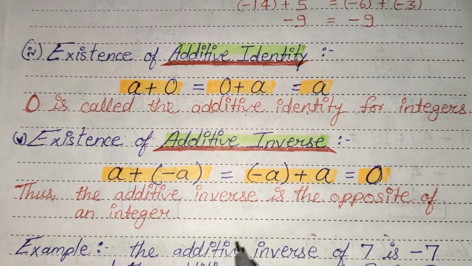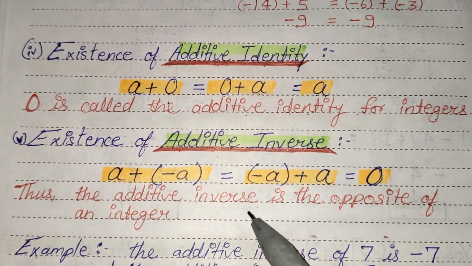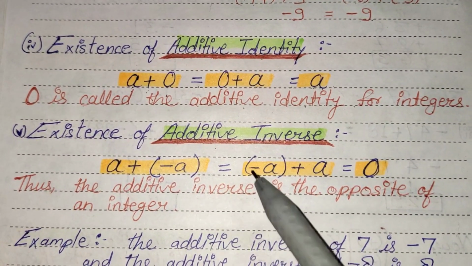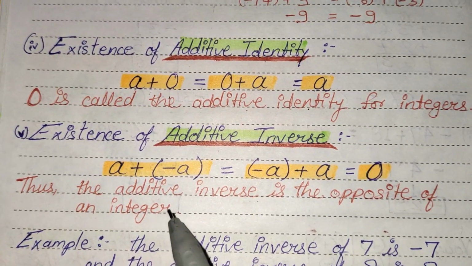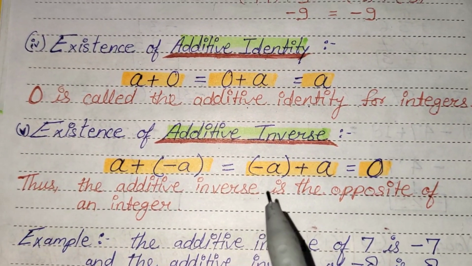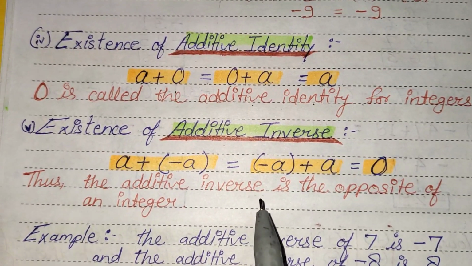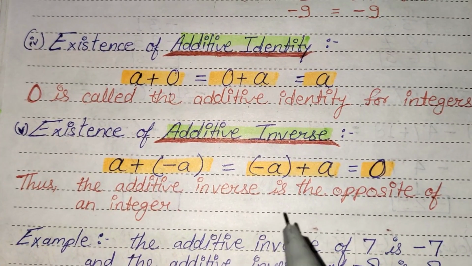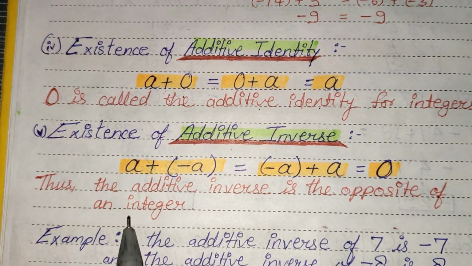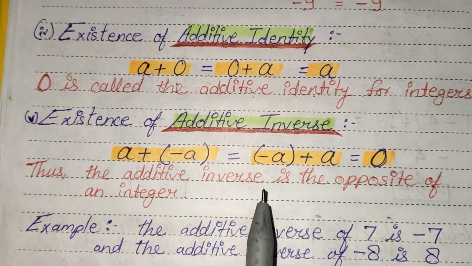Thus, the additive inverse is the opposite of an integer. If an integer is positive, then its additive inverse is negative. If an integer is negative, then its additive inverse is positive.